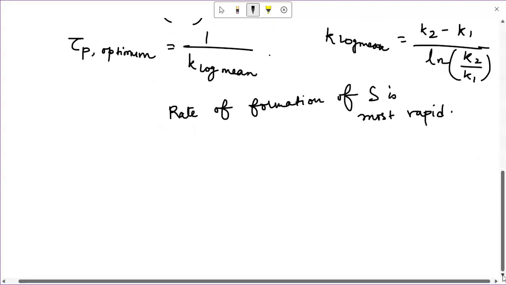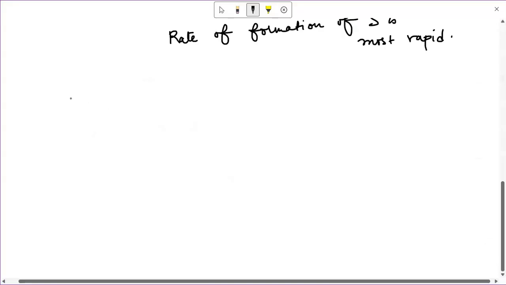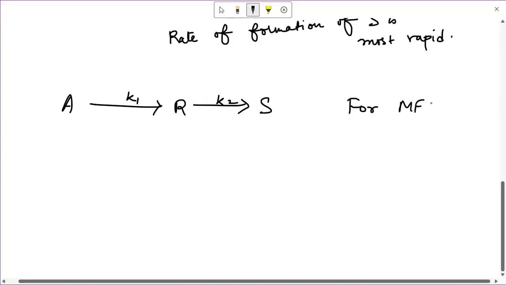If we consider the same set of equations, A gives R gives S, for a mixed flow reactor, then Ca by Ca naught is given as 1 by 1 plus K1 tau m, m being for the mixed flow reactor.